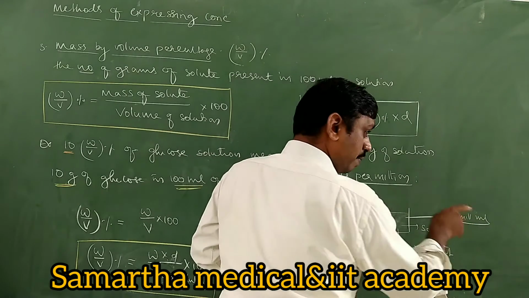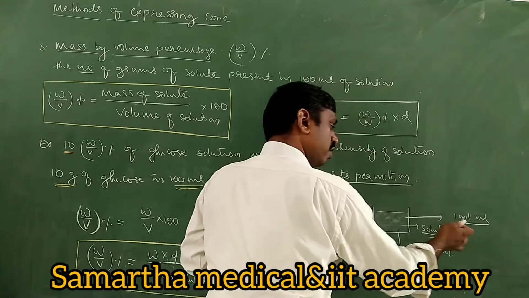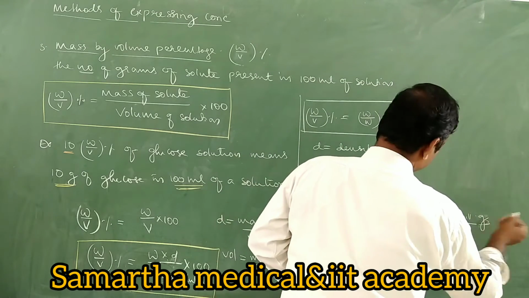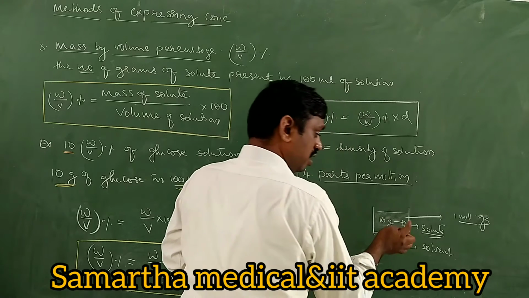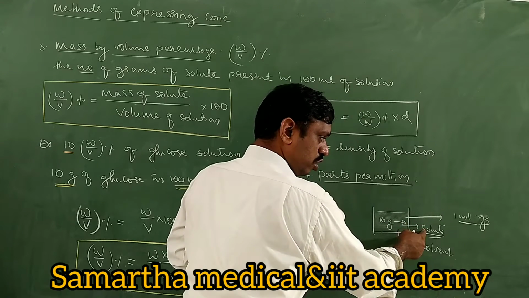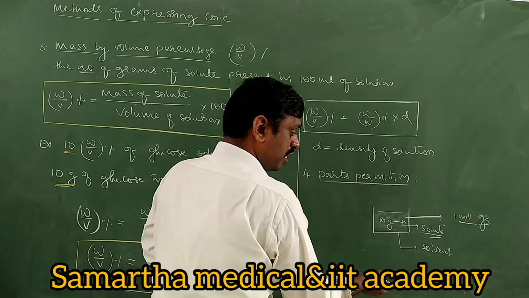In 1 million ml of solution, if there is 10 ml of solute, or you can take 1 million grams also, gram or ml, anything. If the solute is 10 gram, it means 10 grams of the solute present in a million grams of the solution. Then the parts per million is 10.